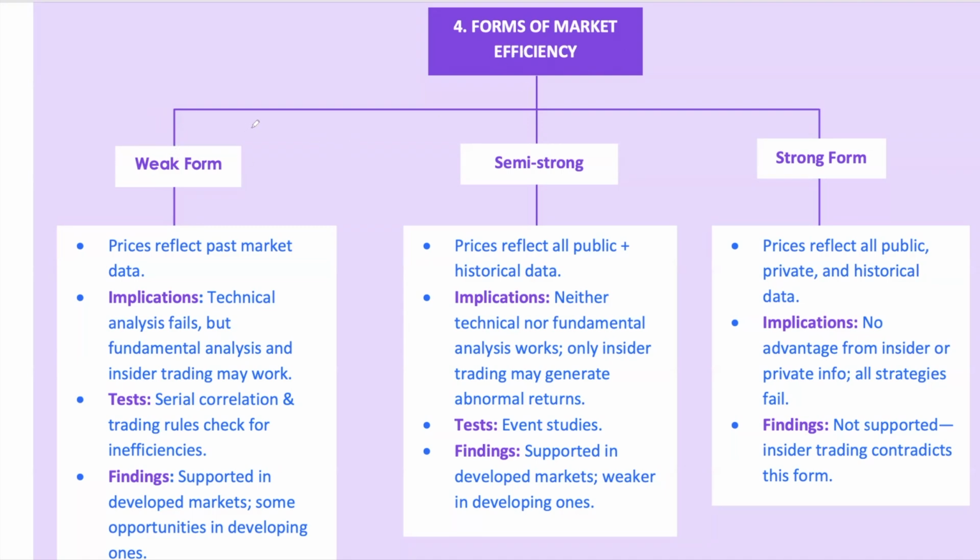In most developed markets, research shows weak form and semi-strong form efficiency generally hold up. That means neither technical analysis nor fundamental analysis will reliably get you ahead. Your best bet? Passive investing, or using very sophisticated strategies that account for things like behavioral biases or structural inefficiencies.